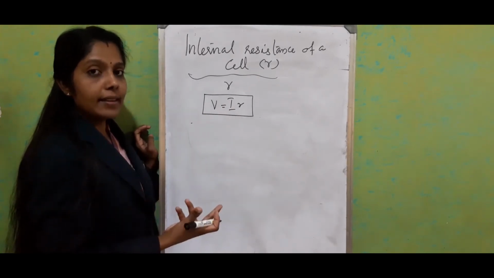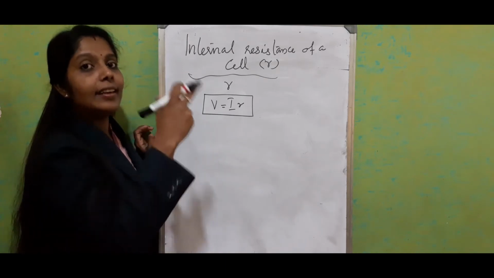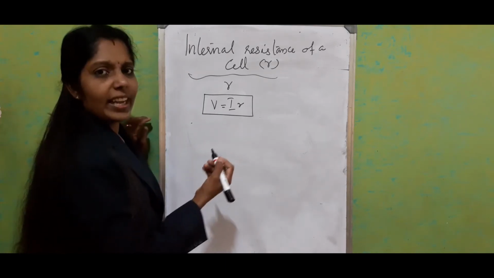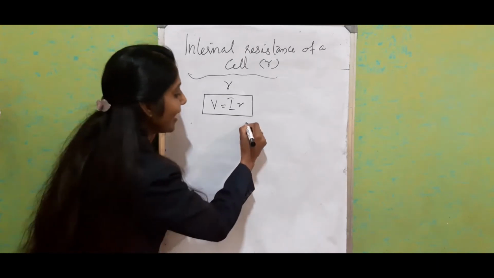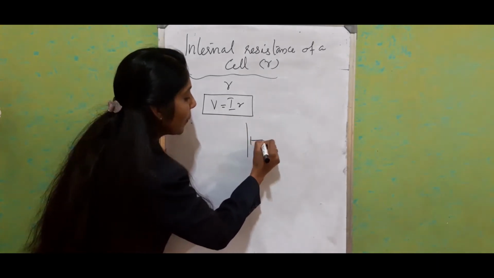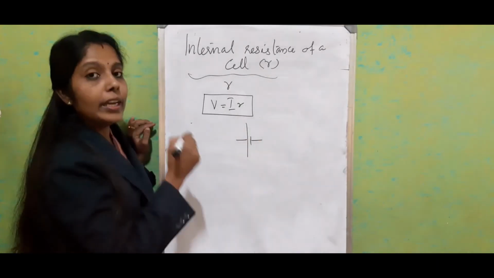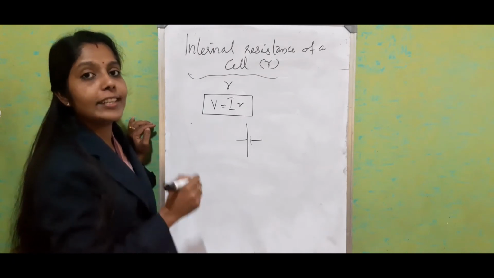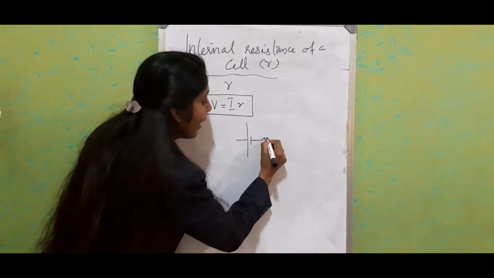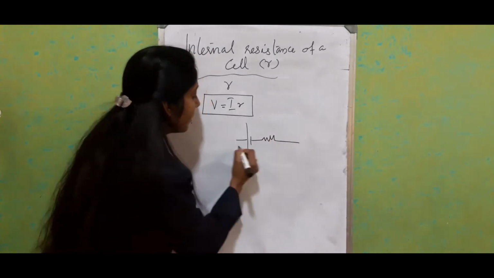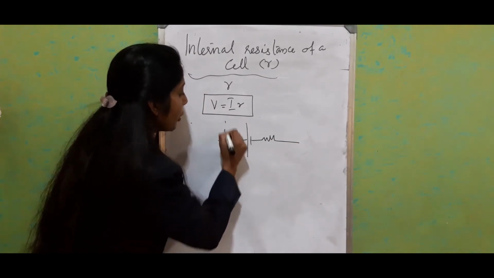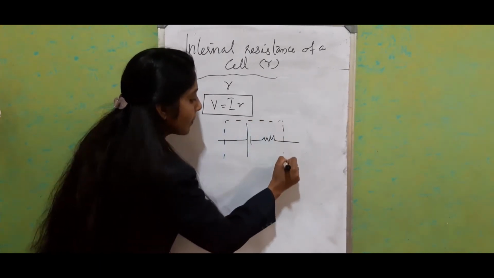Let us represent this internal resistance in a diagram. We know how we usually represent a cell. If you want to particularly mention the internal resistance, we have to add a resistance symbol here, and then put it inside a box.